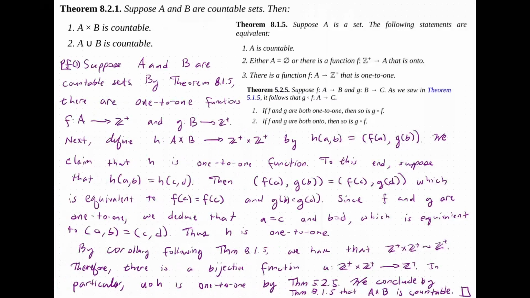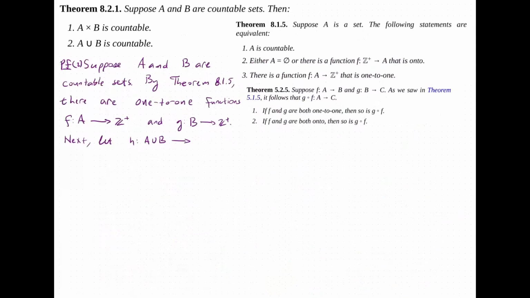In the previous proof, we did the Cartesian product of the positive integers with themselves, since we had the Cartesian product of A with B as our domain. But now, when defining h, we need to be careful, because it's a union of A with B, and A and B may not be disjoint.